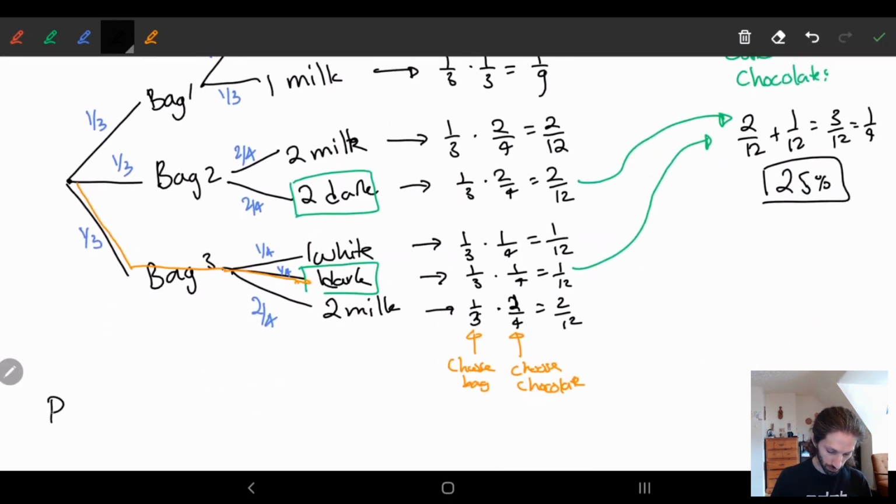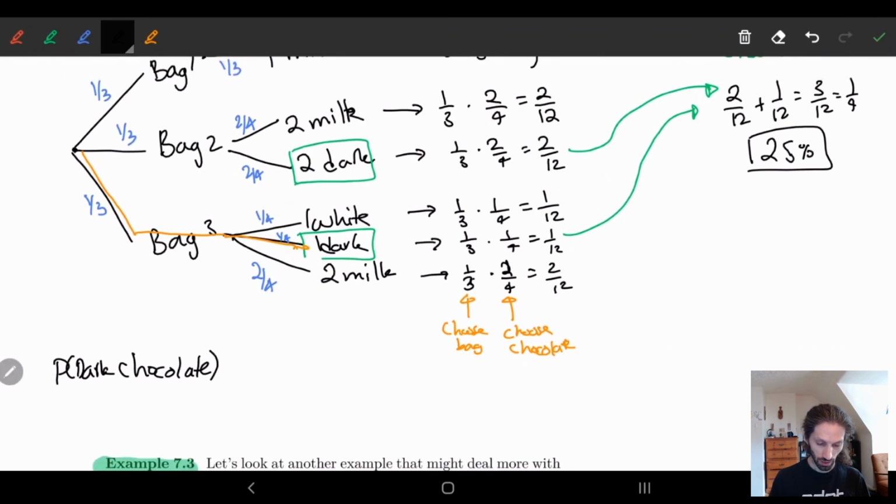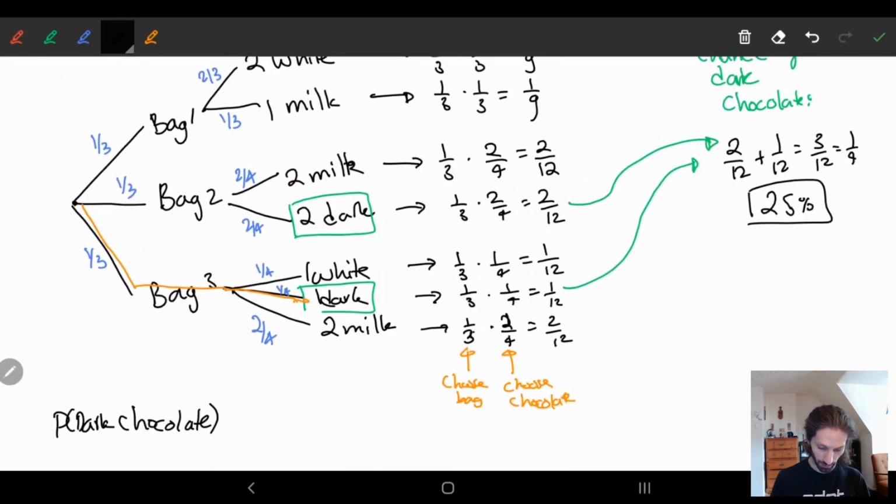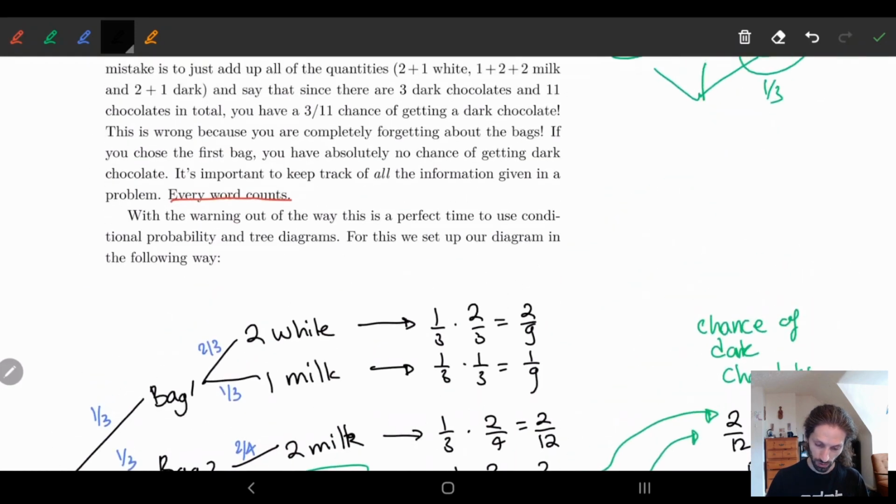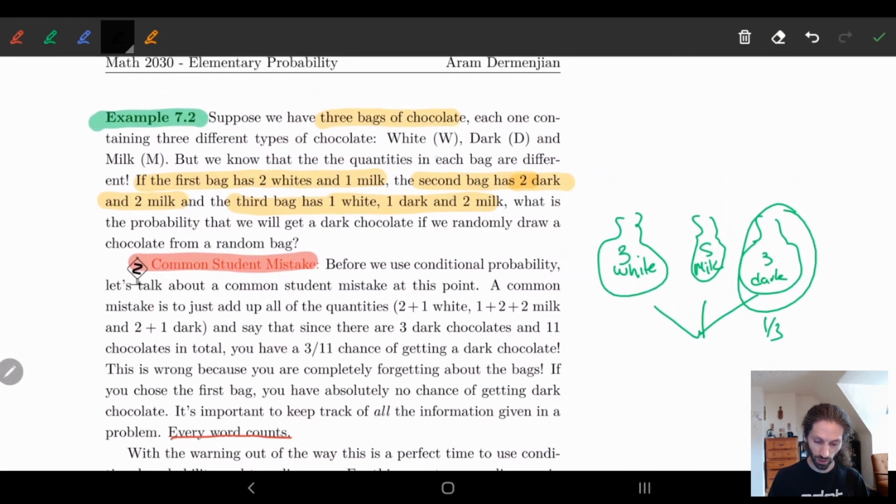So the probability of dark chocolate is actually going to be the sum of three different probabilities. I'm going to use the symbols that we had from before: W for white, D for dark, and M for milk. So here I'm looking at these ones to make life easier.